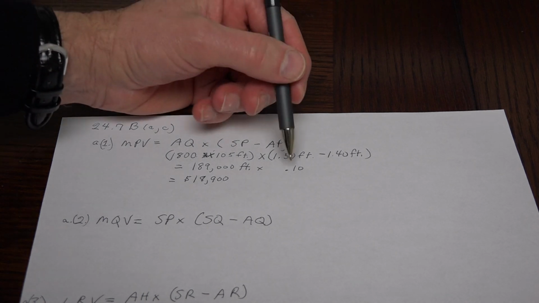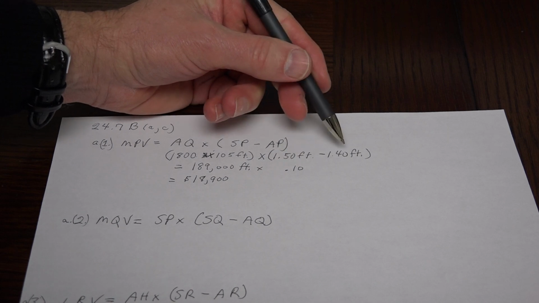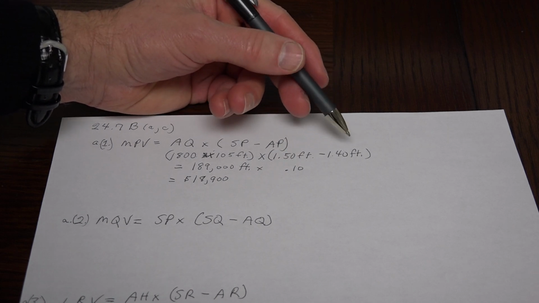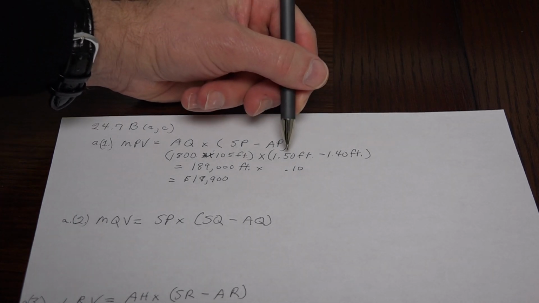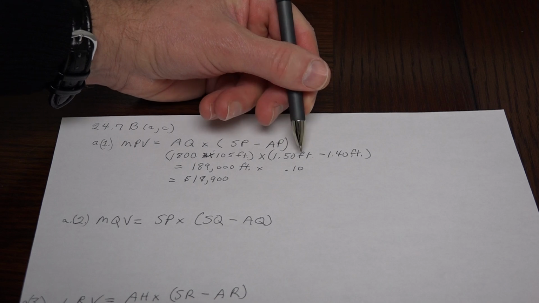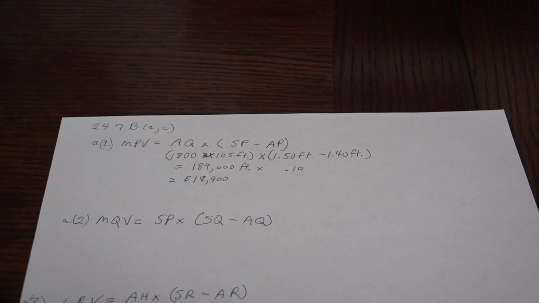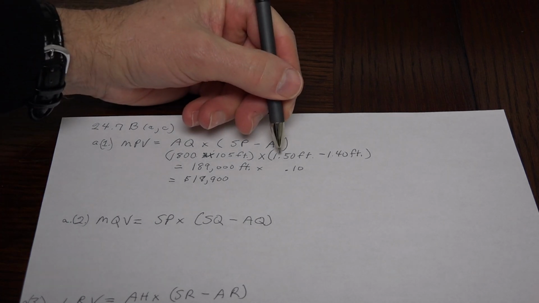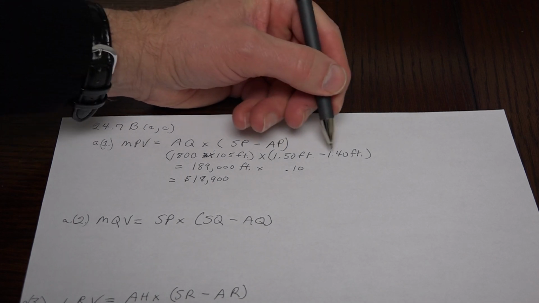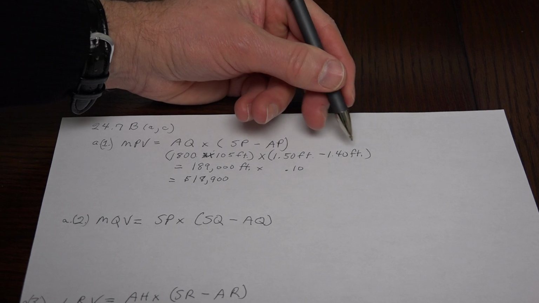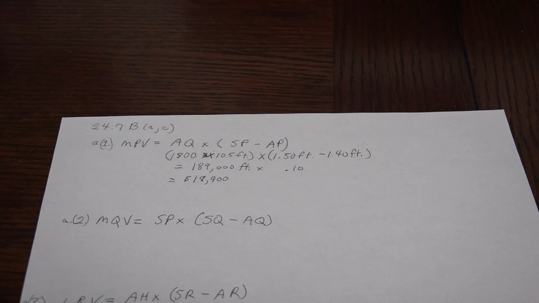Well, it's favorable because, and again, some of this you can almost eyeball, because the standard cost for the 100 board feet used in producing a unit of product is 150 per foot, and the actual price is 140.